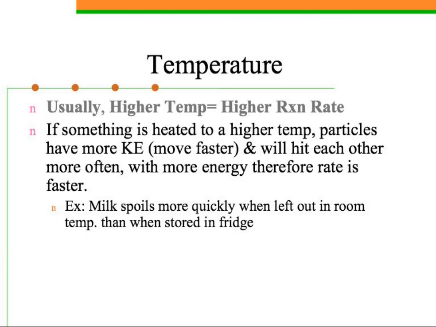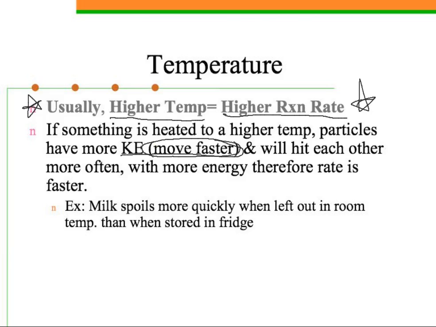Next we have temperature, and usually a higher temperature will mean a higher reaction rate. The reason, and this is what you need to write down in your 2 skipped lines, the reason why is because if we heat up something, the particles have more kinetic energy. The particles move faster.